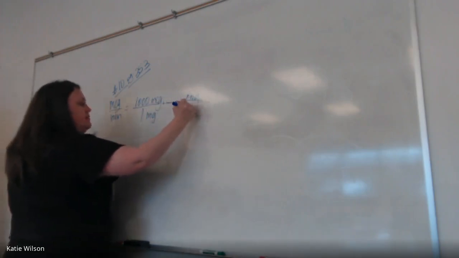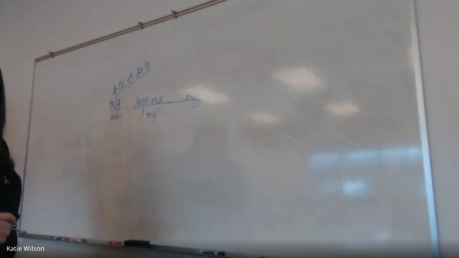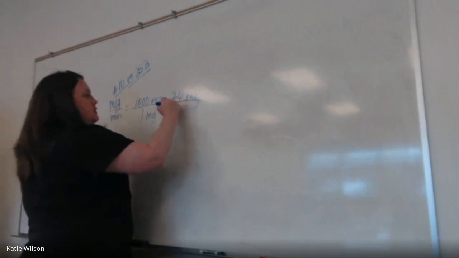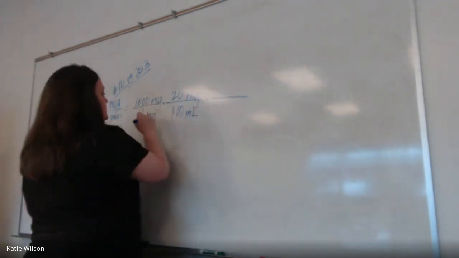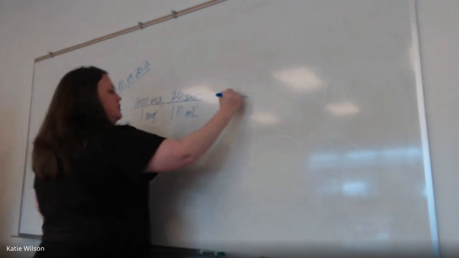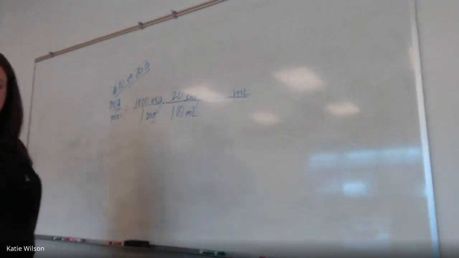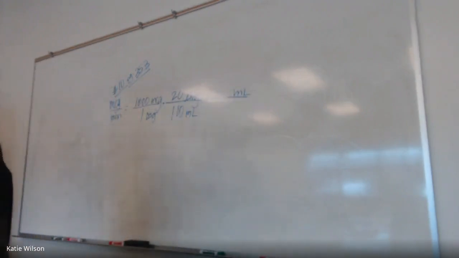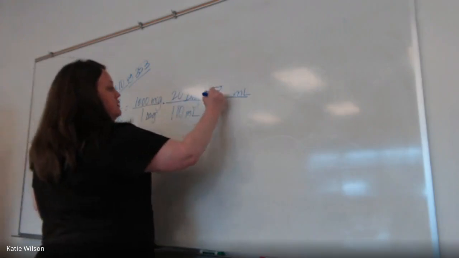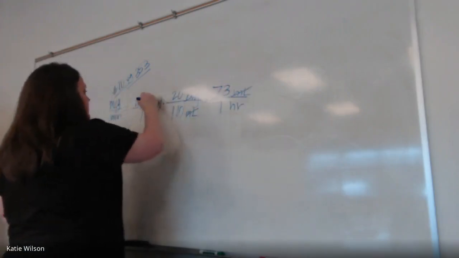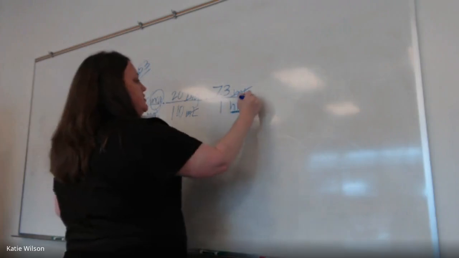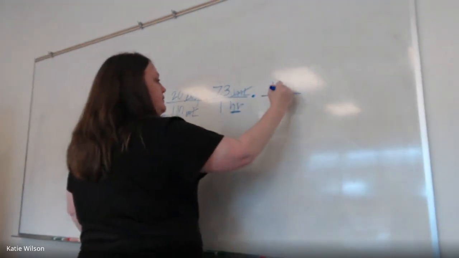What do they give us about milligrams? 20 milligrams over 100 milliliters. What else about milliliters? 7.3 milliliters to 1 hour. Micrograms on top, hours on bottom, so that means a conversion.